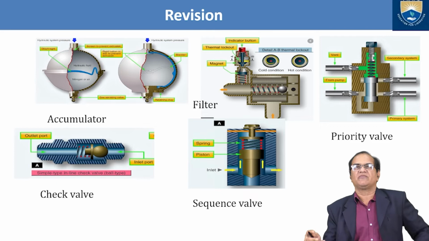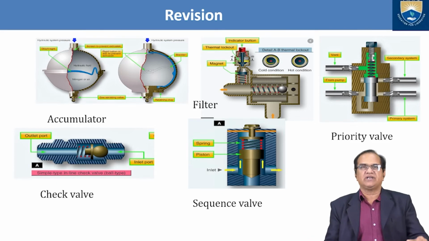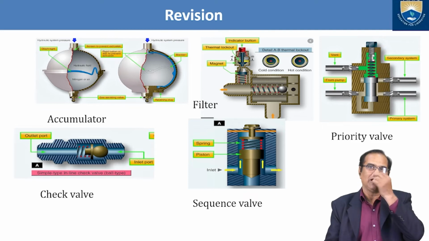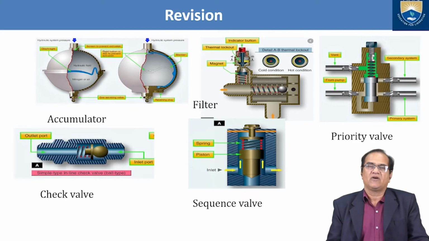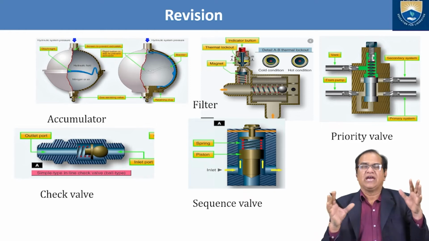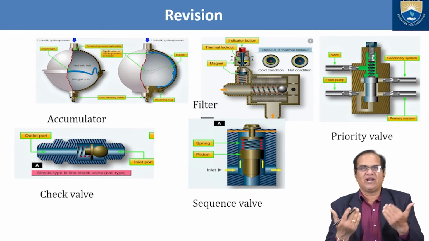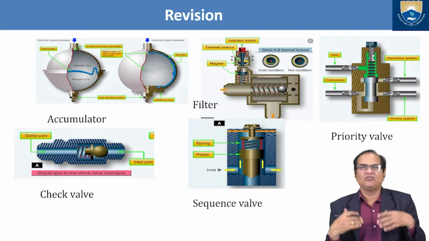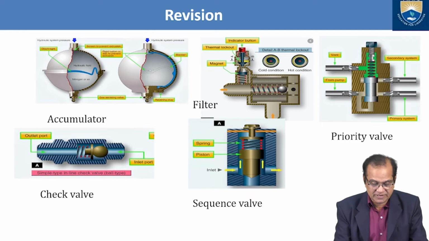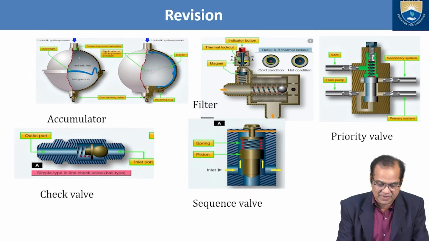Now there are some other very important components. One is the accumulator. You know that accumulators are very important, and they are like a reserve bank. You keep your money in a bank, as and when you require you can take it back, and if you have extra money you can deposit it in the bank. So here if you see, we have the hydraulic fluid on the upper side, and here we have the nitrogen, and here is the diaphragm.